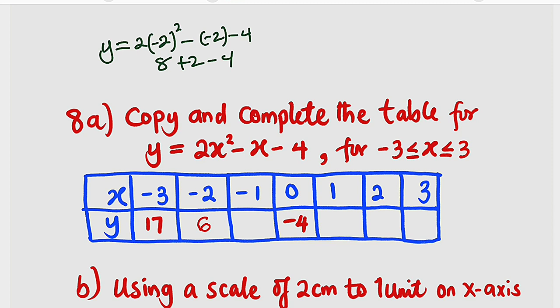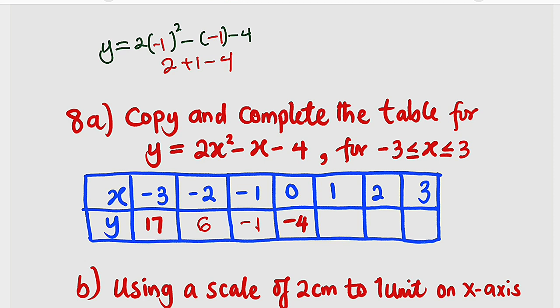Then what about if x is -1? All we have to do is to substitute this and this. We write -1 here and -1 here. -1 squared is 1 times 2 is 2. Minus is plus, so we have +1, then minus 4. 2 plus 1 is 3, and 3 minus 4 is -1. So this is -1.